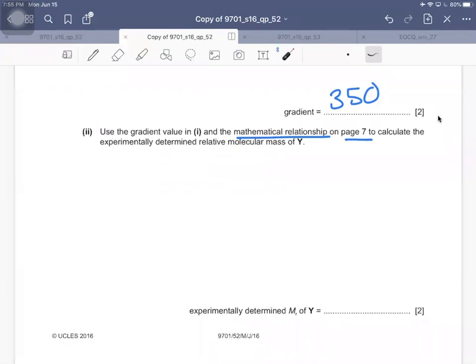Okay, 87.7, because most of you got the same gradient, which is 350. But for those of you who did not get 350, you should have more or less similar MR. 87.9. 86, okay, that's fine as well. 87.7.